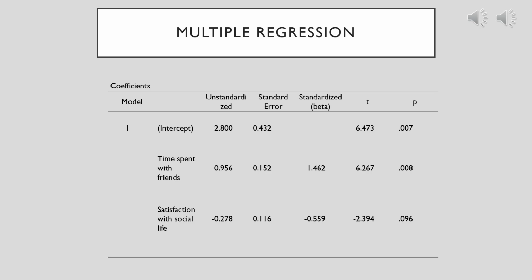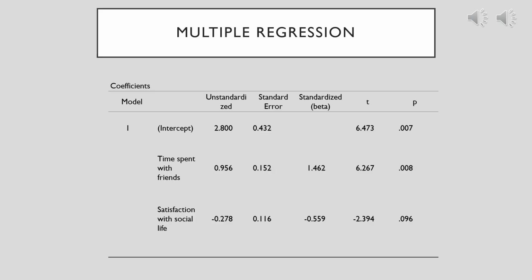Okay, so that means that in this multiple regression, again, these are the slopes and the unstandardized and standardized regression coefficients, independent of satisfaction with social life. So controlling for satisfaction with social life, time spent with friends is still a significant predictor of happiness.